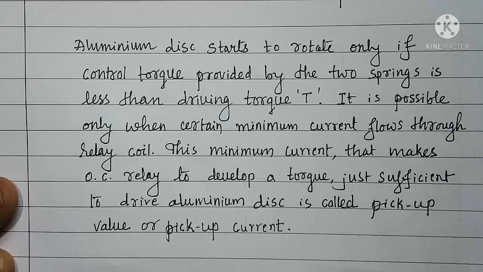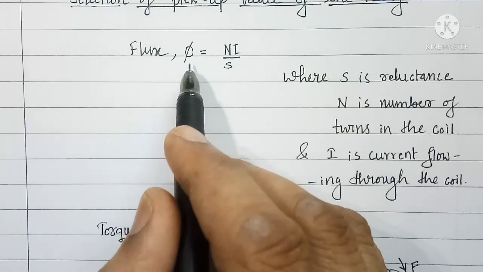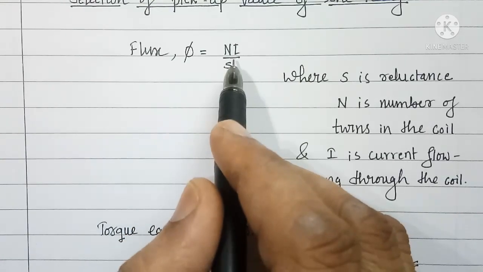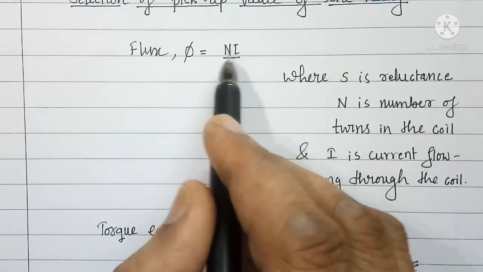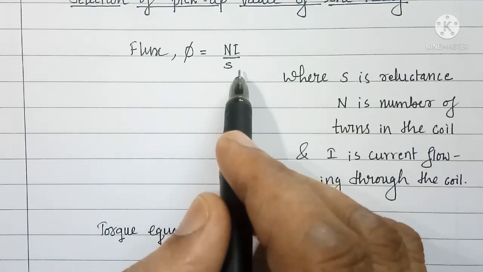But we can make any smaller value of current flowing through the relay coil as pickup current. That is what we call as setting the pickup current of relay. Let us see how it is possible. We know that flux is proportional to magnetomotive force, that is N into I, and inversely proportional to reluctance.